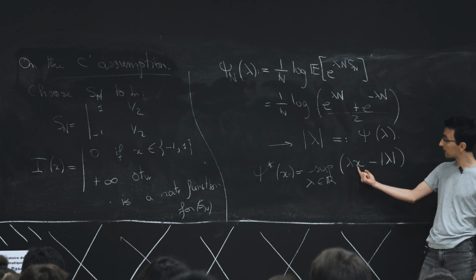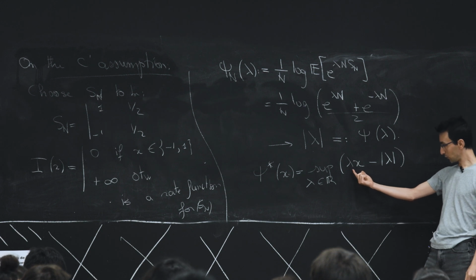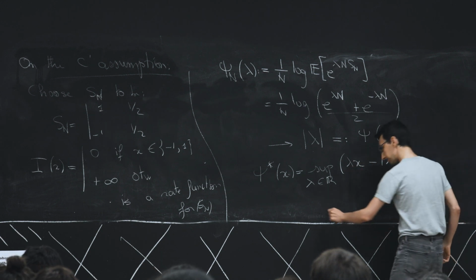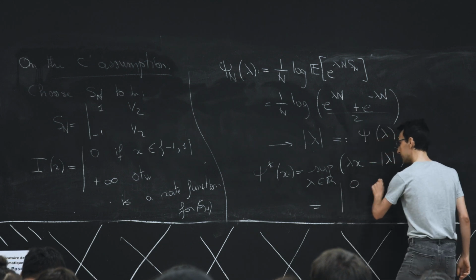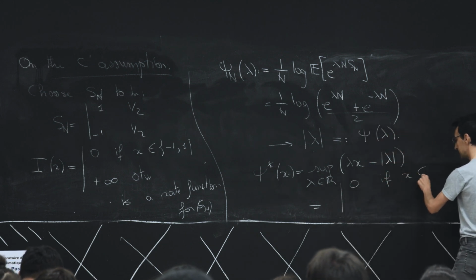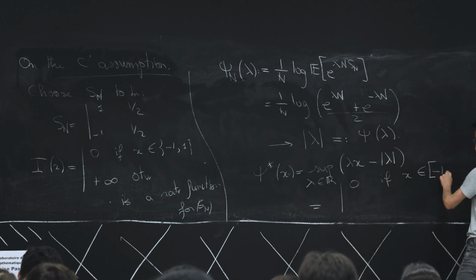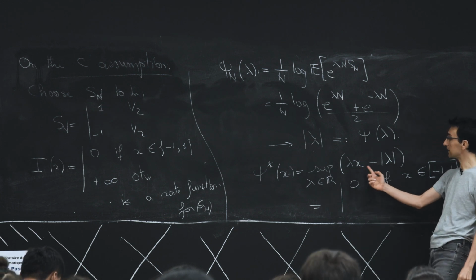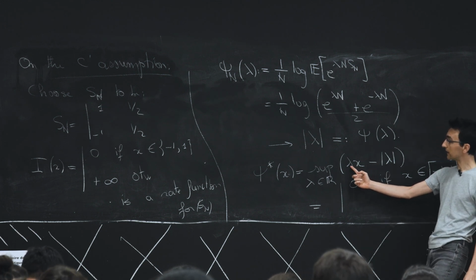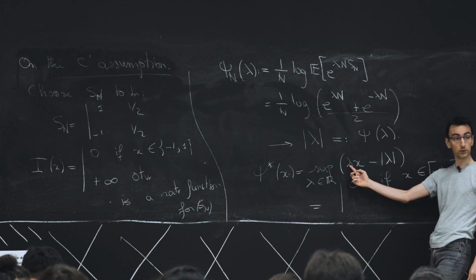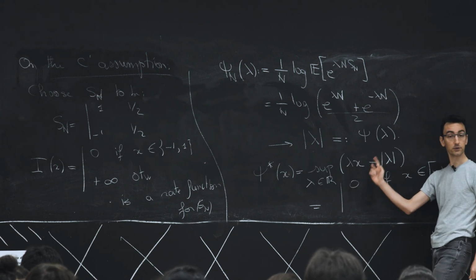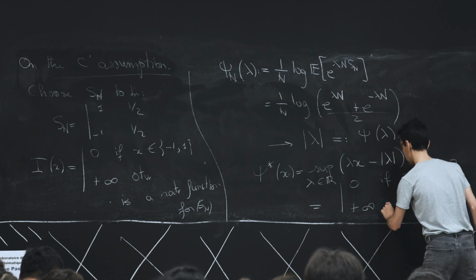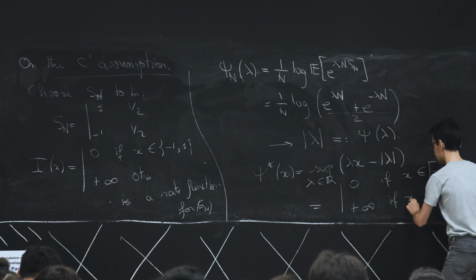Well, okay, if x is 1, maybe you don't have to choose lambda to be 0, but you still don't win anything. So this is 0 if x is in the interval minus 1, 1. And if x is above 1, let's say x is 2, for instance, then clearly this is going to be plus infinity. You have the sup of 2 lambda minus something. So plus infinity if x is not in this interval.